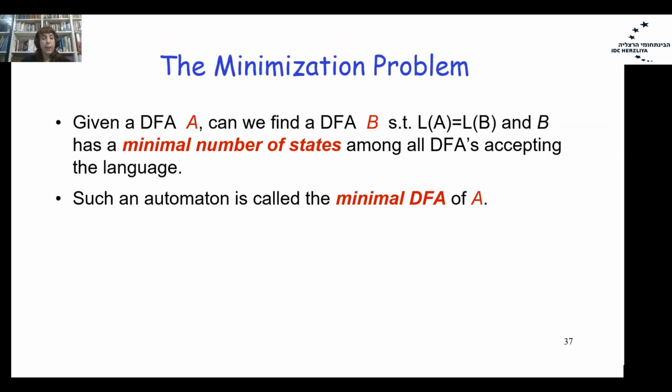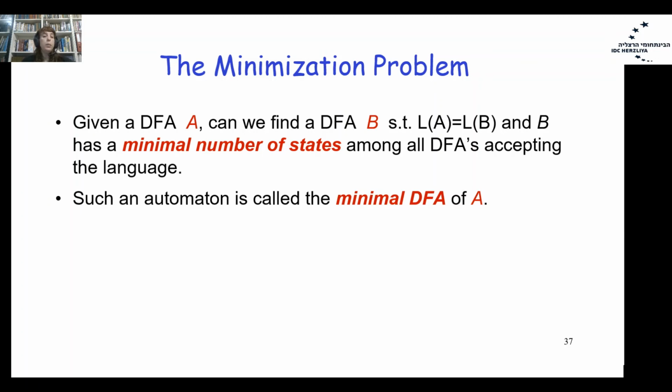Given a DFA A, we can find a DFA B such that the language of A equals the language of B, and B has a minimal number of states among all DFAs accepting the language. This automaton has a special name, minimal DFA.